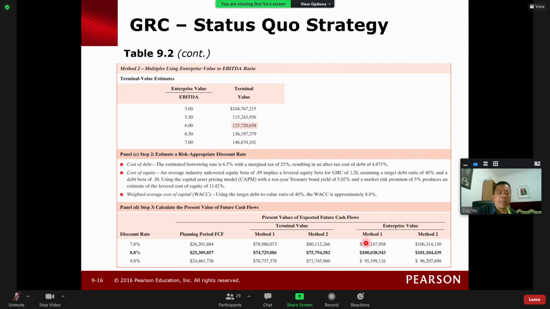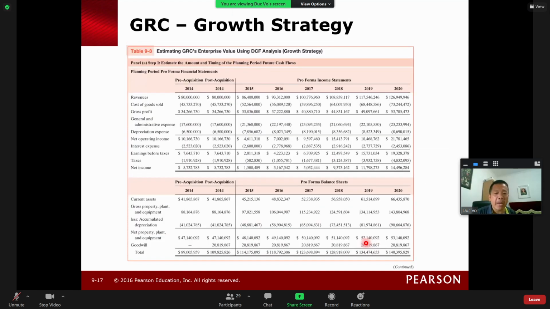So that is the way you can mix and match between different methods in order to derive the figure. If you continue with this one, someone looks at it and tries to segment and forecast the balance sheet differently, then no doubt your valuation will be different.